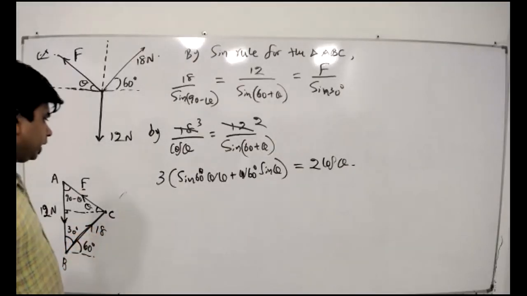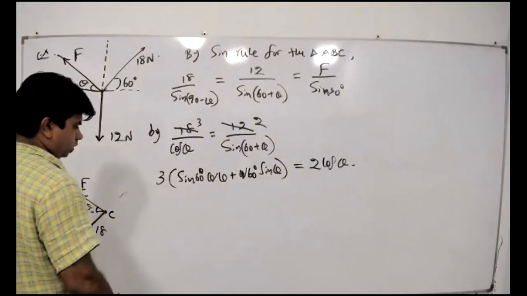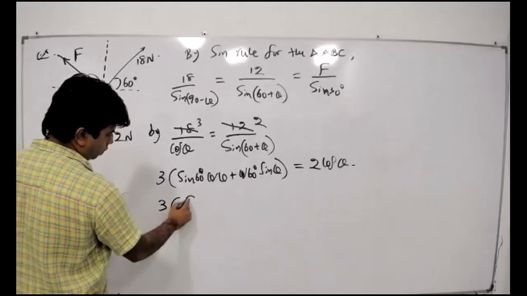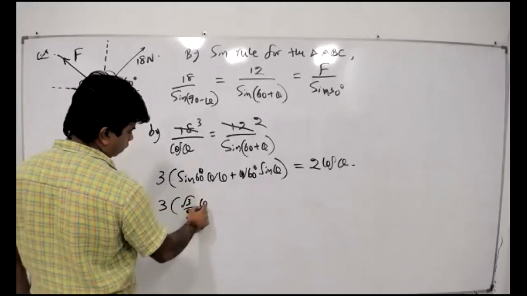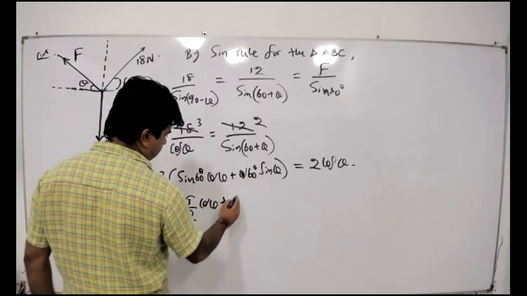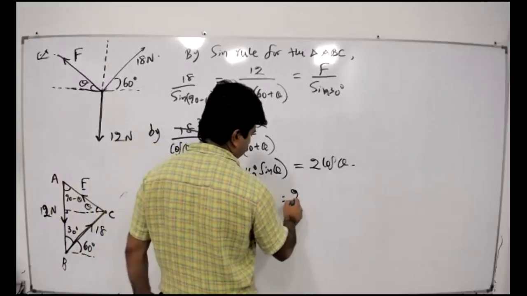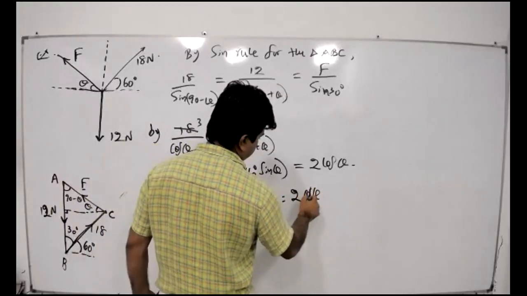Then what happened? 3 into 3 over 2 cos theta plus half sine theta equals 2 cos theta, right?